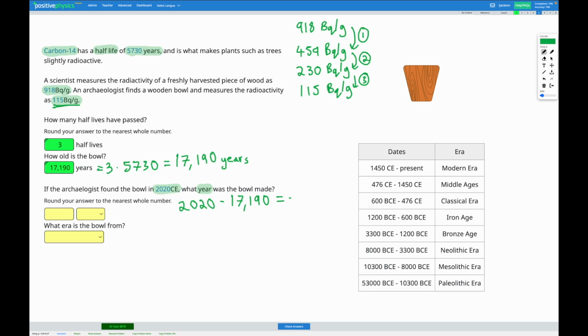Which gets us negative 15,170. Which means that it was made in the year 15,170 BCE. So we can go ahead and fill that in.